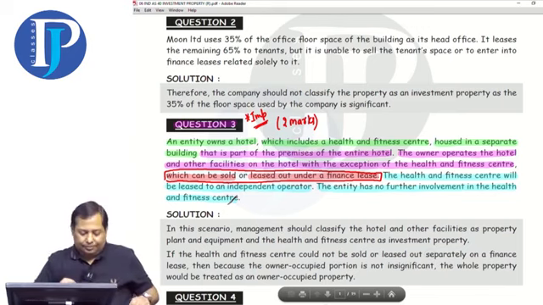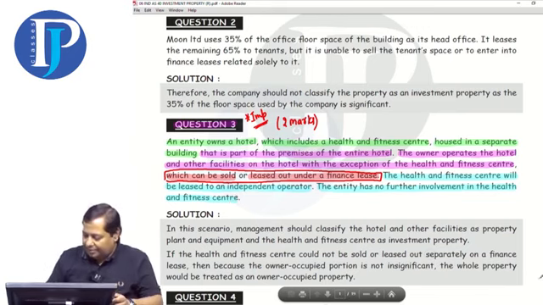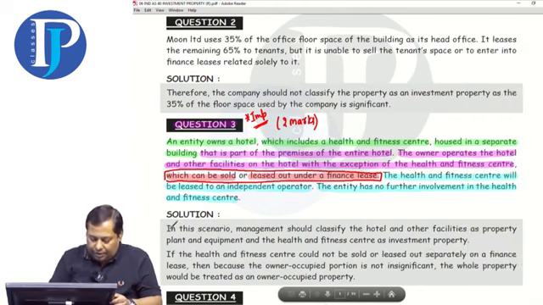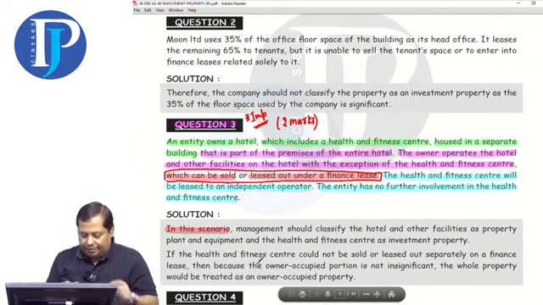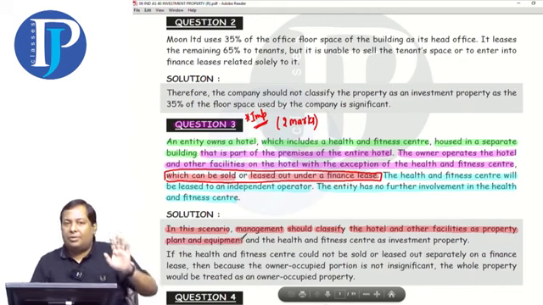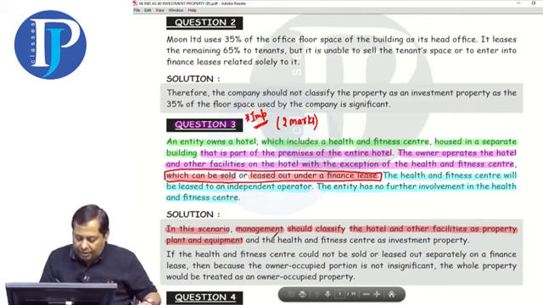So, you see here, what did they say? In the scenario in the question, management should classify the hotel and the other facilities as property, plant and equipment. Due to business, we'll cover this under Ind AS 16.